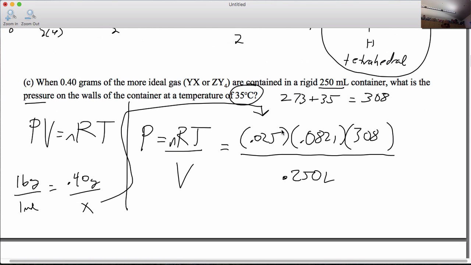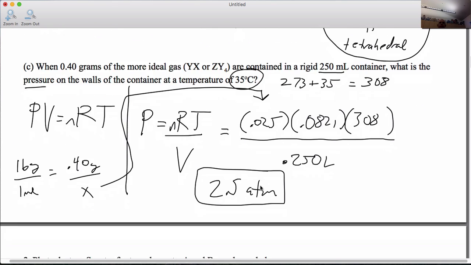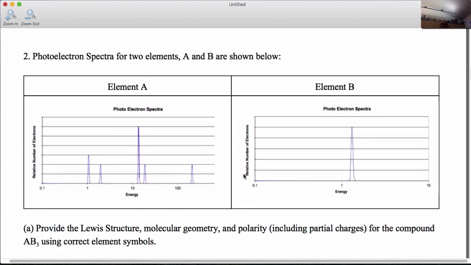And then we're going to multiply that by 0.0821, and then multiply that by 308, and divide that by 0.250, and we're left with 2.5, and it's going to come out in atmospheres.